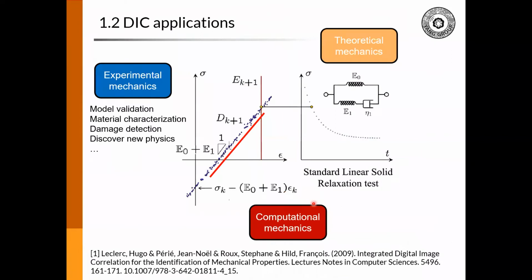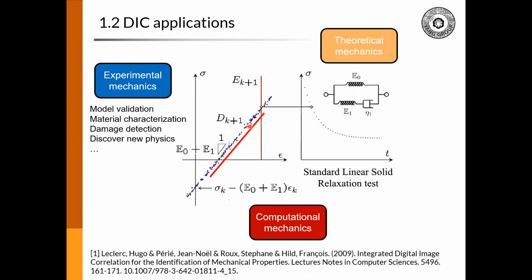Why it's important is because in mechanics, we have experimental mechanics, theoretical mechanics, and computational mechanics, right? In experimental mechanics, now you can measure the displacement field and the strain fields. If you also know the stress, you can use these experimental data points to validate theoretical models and characterize unknown material properties.